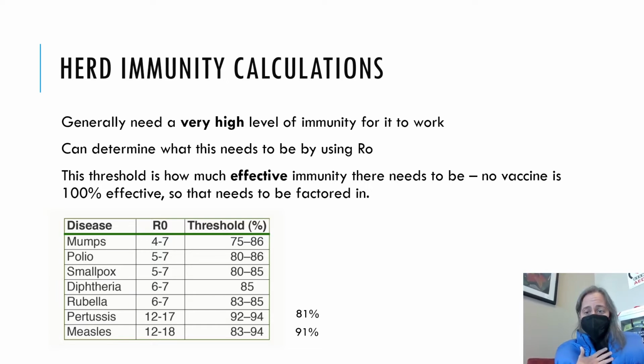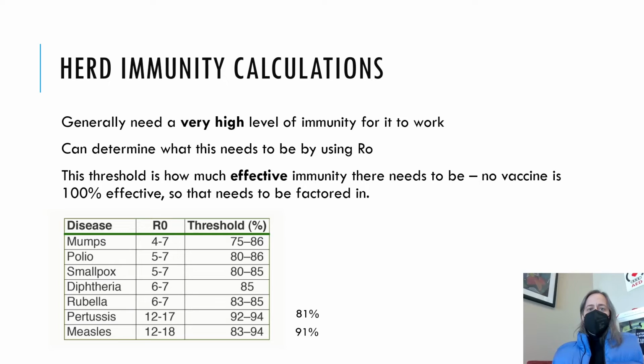I've had pertussis, which is whooping cough. Perhaps you have too. So depending on how contagious something is, that tells you what percentage of the population needs to be effectively immune in order to reach herd immunity. So because no vaccine is 100% effective, you need to factor that in. Okay, so if we use diphtheria, for example, you need an 85% effective immunity level.